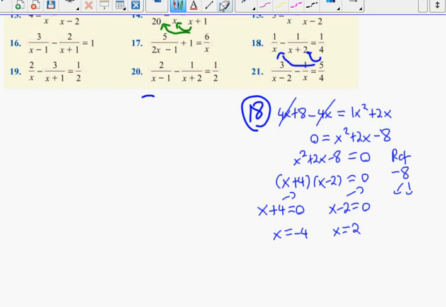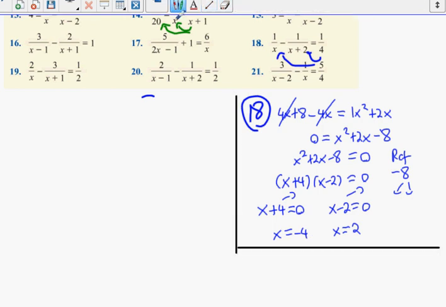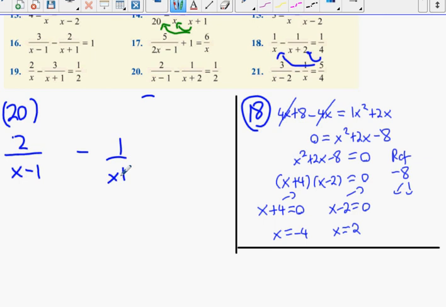Okay, question 20 is going to be 2 into x minus 1. So 2 minus x minus 1, minus 1 into x plus 2 equals a half.